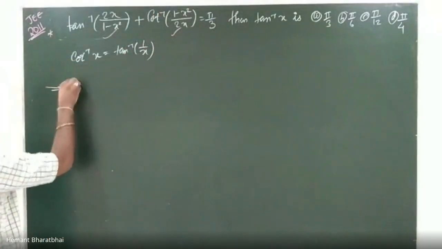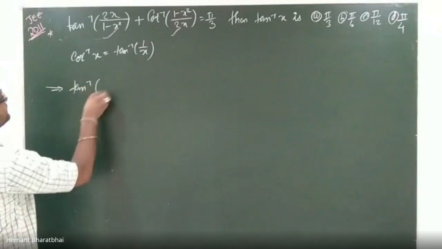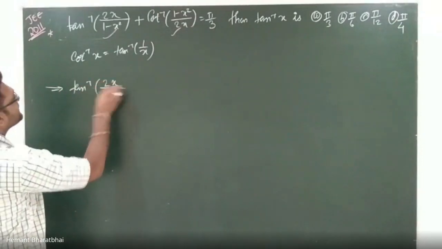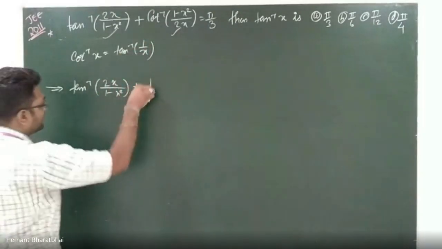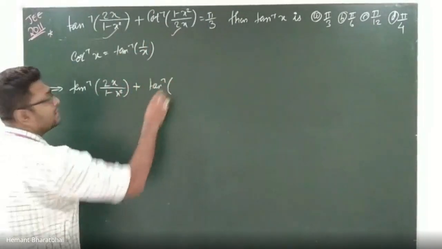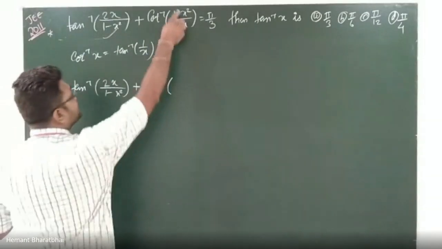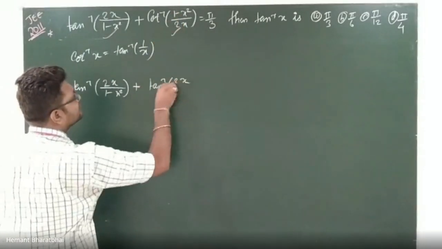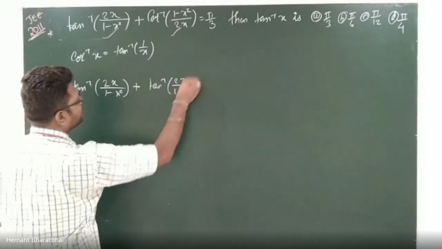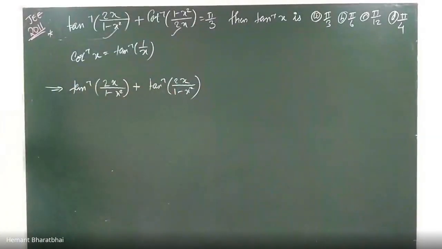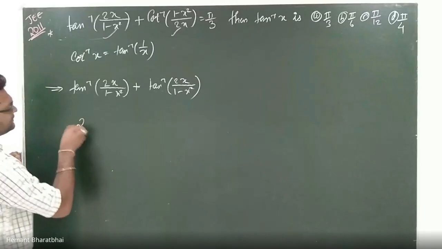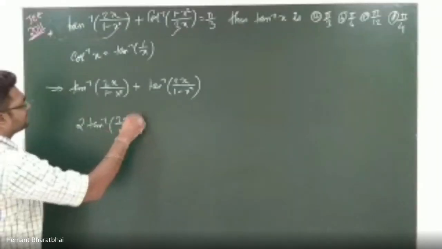Therefore, I can write this as tan inverse of 2x upon 1 minus x square plus, instead of cot inverse, tan inverse of the reciprocal, which will become 2x upon 1 minus x square. So the same term is there, which will be written as 2 tan inverse of 2x upon 1 minus x square.